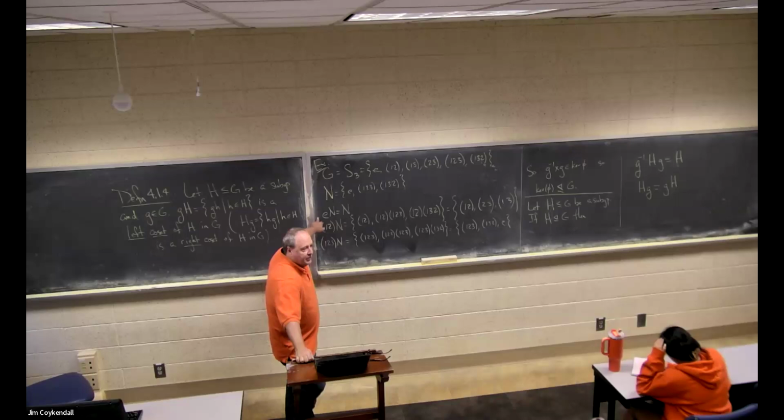Notice, again, this partitions G into 3 easy pieces, all the same size. Do I agree with that? And there's no overlap. 1, 2 is here and only here. 1, 2, 3 is here and only here. Agreed? Let's see what happens when we look at the other side. Let's look at the right cosets.